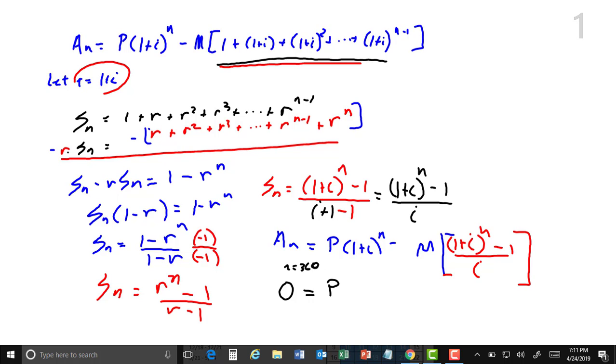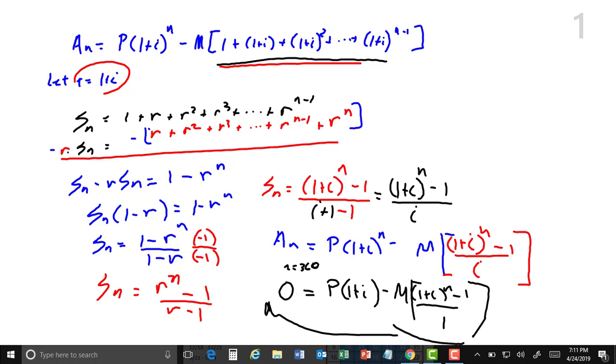So we have principal times 1 plus i raised to the n minus m times, in parentheses, 1 plus i raised to the n minus 1 over i. Now, just using algebra, I can bring this whole term over to the other side, so that when I bring it over to this side, I'll have just m. And I'm trying to solve for m, right?